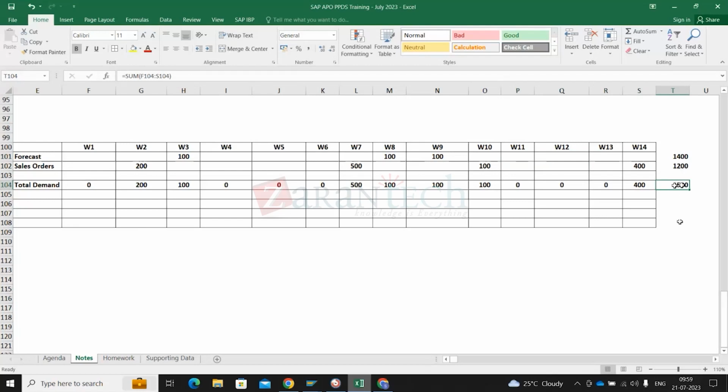So it depends, backward and forward. There is one additional point here, which is how much is the accuracy of your forecast. This topic is a mix of demand planner and supply planner, because forecast accuracy really depends on this: okay, boss, in this week you predicted 100 forecast, but you actually got 200 sales order.